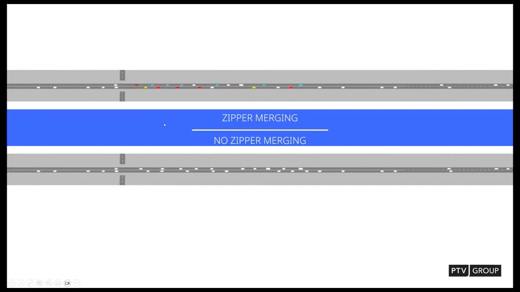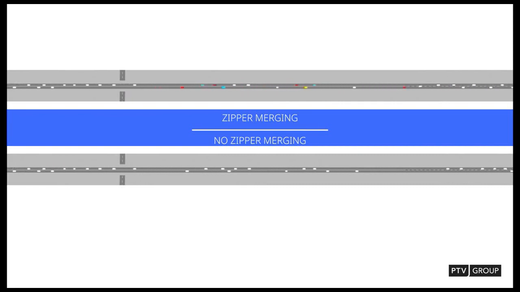And the demand must be under capacity, but not too small, otherwise zipper merging is not relevant either. When you have clearly over-capacity demand, zipper merging doesn't change a lot. You will just see a queue evolving.